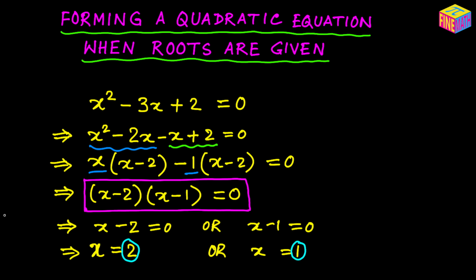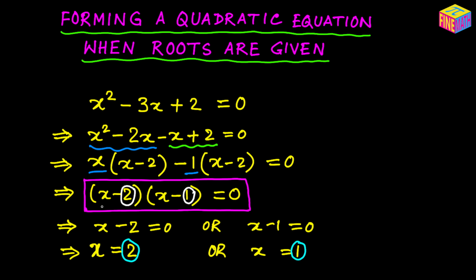So simply by looking at the factors, we can make a good guess. If the factor is x minus 2, that means one of the roots is 2. And if x minus 1 is the other factor, we can clearly see that 1 must be the other root.